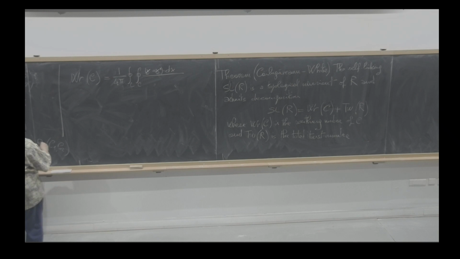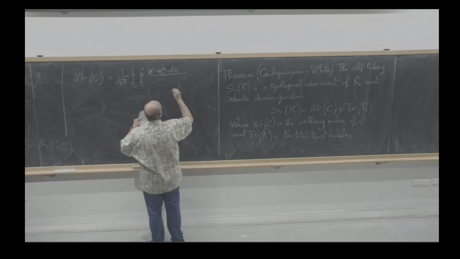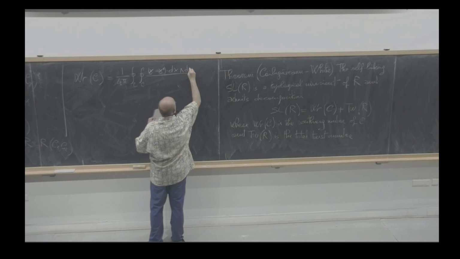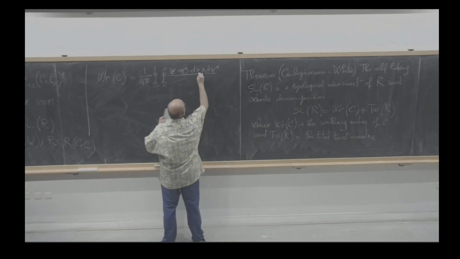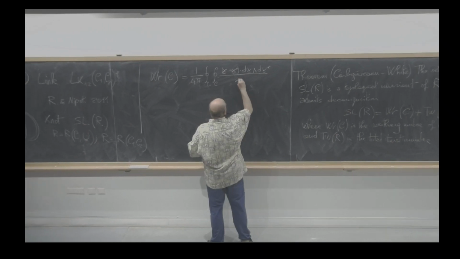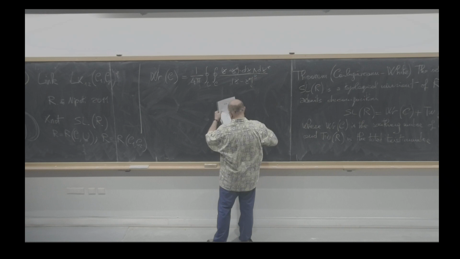Well, we can call it x1 and x2 if you like. I leave it like this, doesn't matter. And this is the wedge product of dx and dx star. And as usual, we have the modulus of x minus x star cubed here.